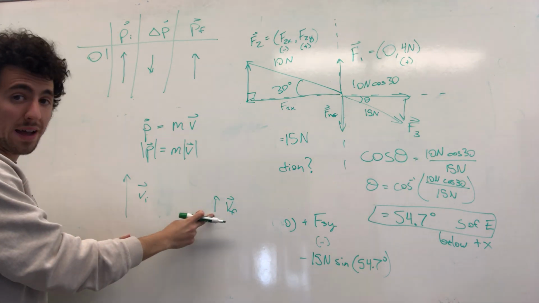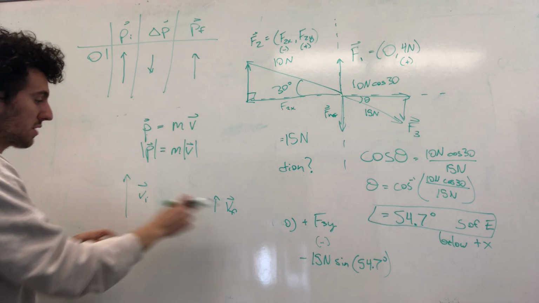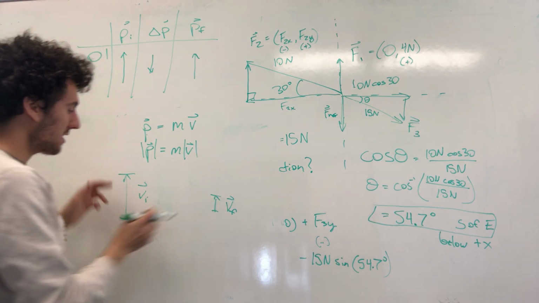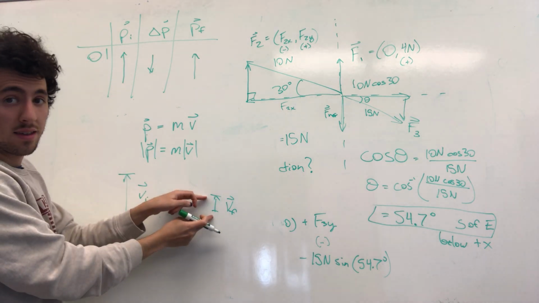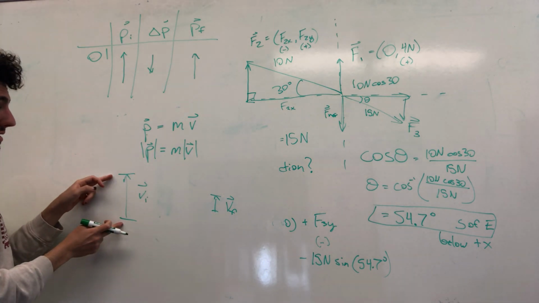If I just multiplied these by m, then I'd get my momentum arrows. But we're concerned with velocity. And then finally, we want to know what happened to the magnitude. Well, it shrank, right? We see that our final velocity is shorter than our initial velocity.